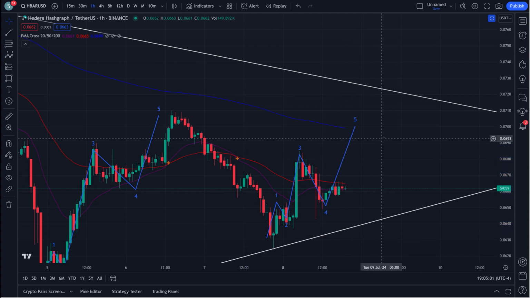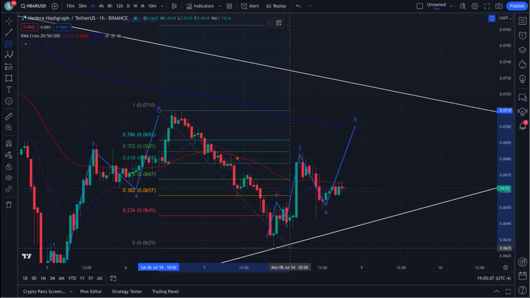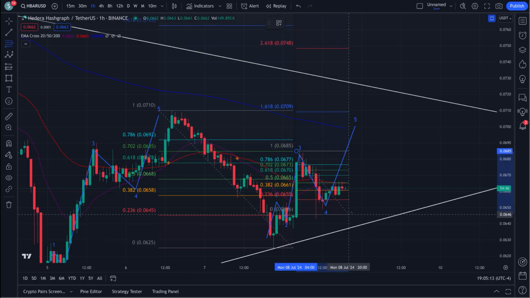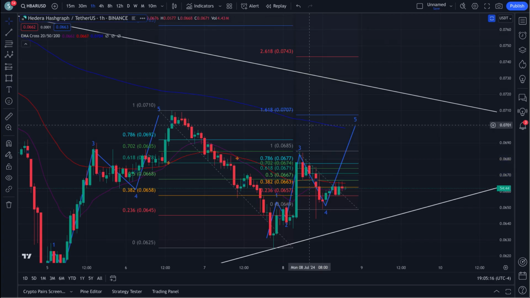That would put it up through retracement levels here, up into a wave 5. Could possibly put it up towards that 7 cents, right up towards that trend line here. Almost the double top too. So we'll have to keep an eye on that. But definitely looking like this could be a wave 5 coming up in here.